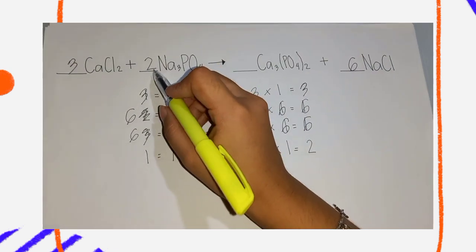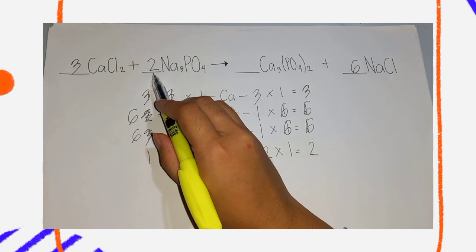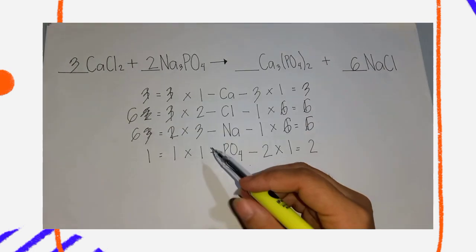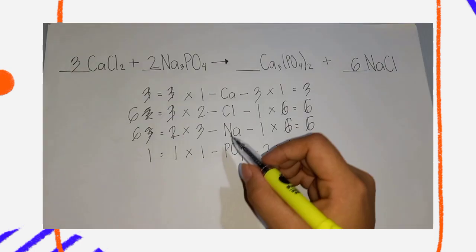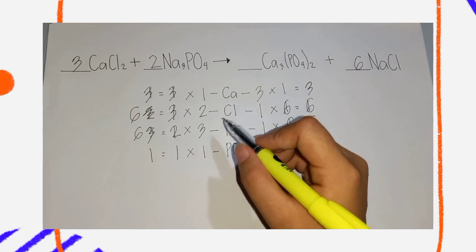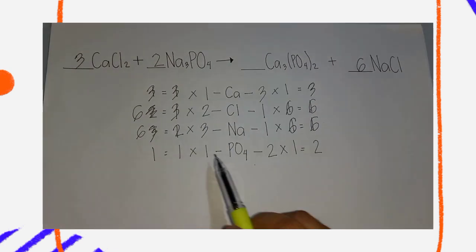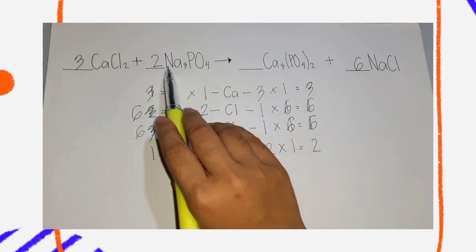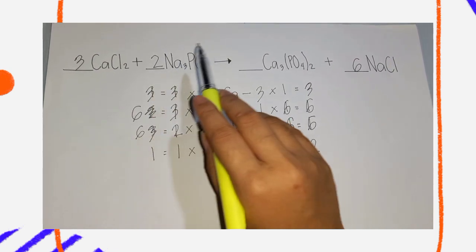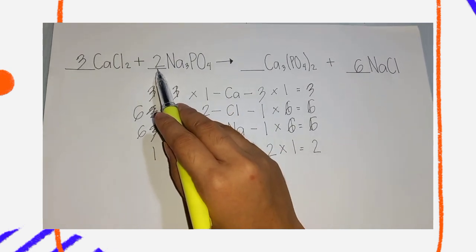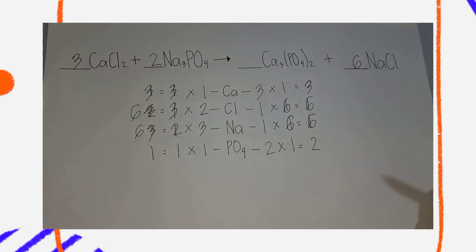So we wrote 2 for the coefficient of sodium, and same as the process earlier with the sodium, chloride and calcium, the phosphate is also affected now that we have put 2 as the coefficient of sodium.